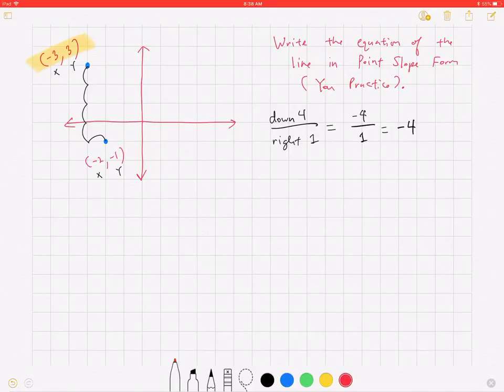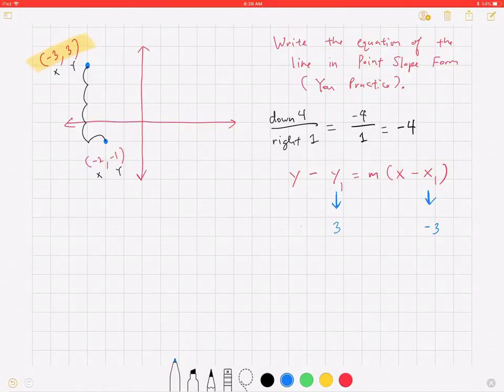I think back, y minus y1 equals m times x minus x1. These are the locations, the x1, y1, where negative 3 and 3 are going to go. So the x1, that's going to be a negative 3. The y1, that's going to be a positive 3.